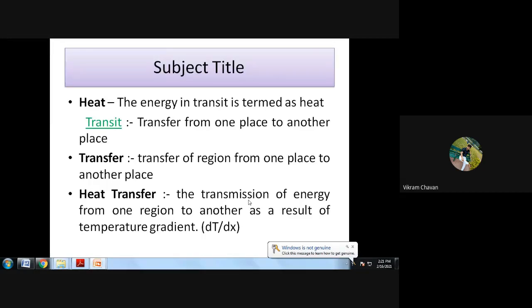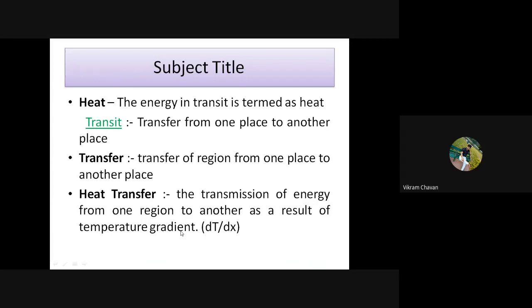Here I have mentioned dT divided by dx, which is always a temperature gradient. Here the temperature gradient is mentioned, I have not mentioned the temperature change. Temperature gradient means change in temperature with respect to distance.